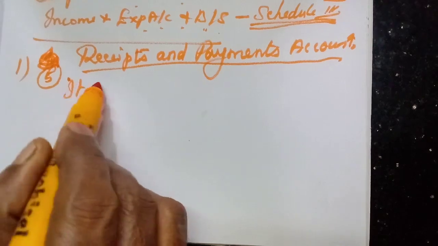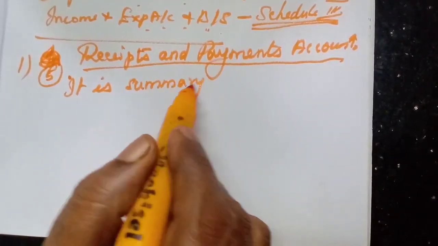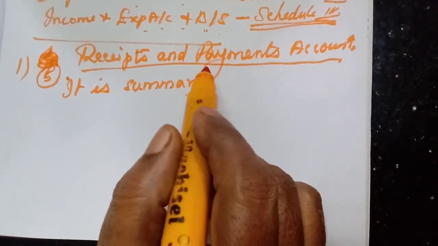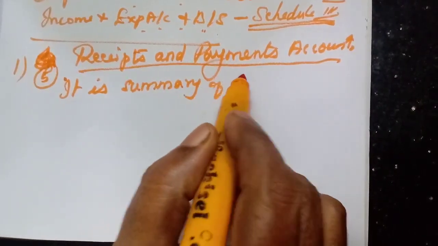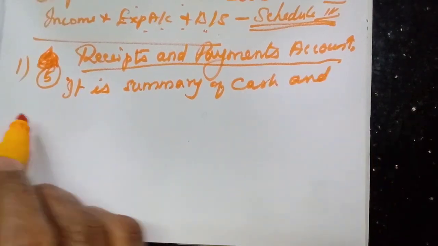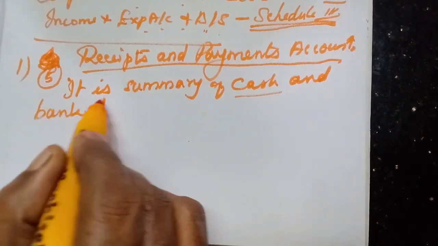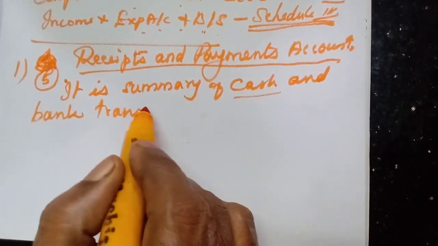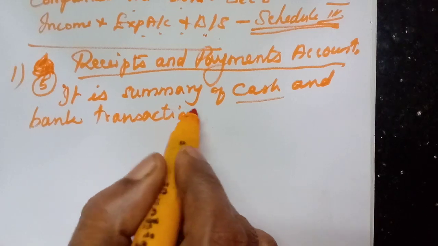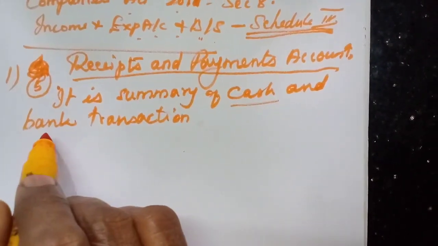It is a summary of all cash and bank transactions. What we receive, what we pay, that is it, in cash or in the bank. If we receive through cheque, it will come under bank.